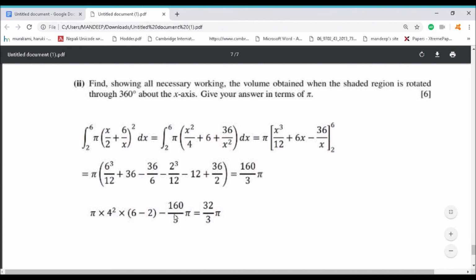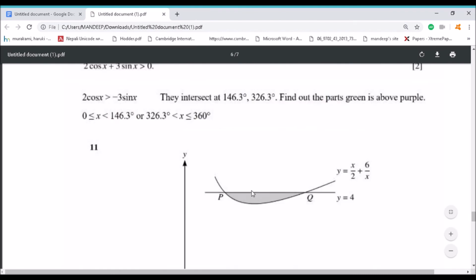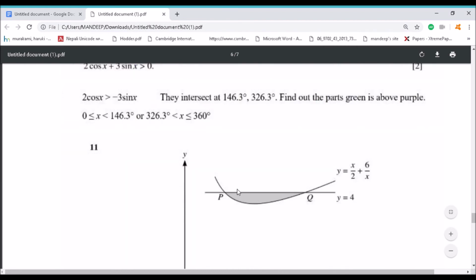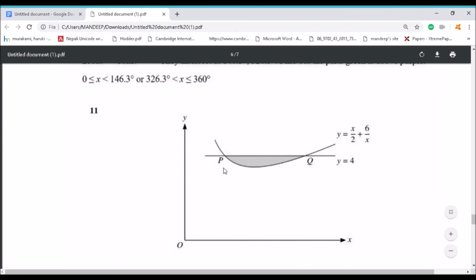You get 32 over 3, but here, the area of the shaded region is this, right? This is the one we found, the area all below this. So we have to subtract this. It's like we found the area like this, look at the mouse cursor.